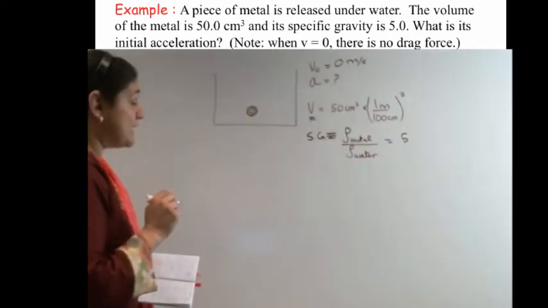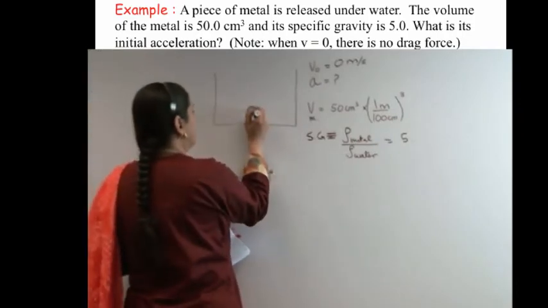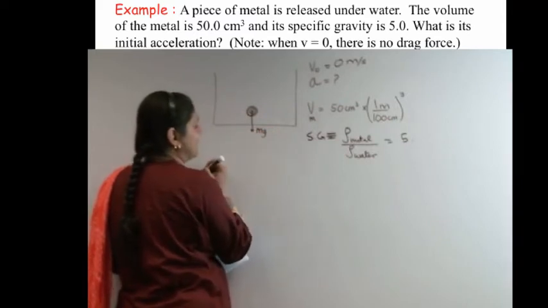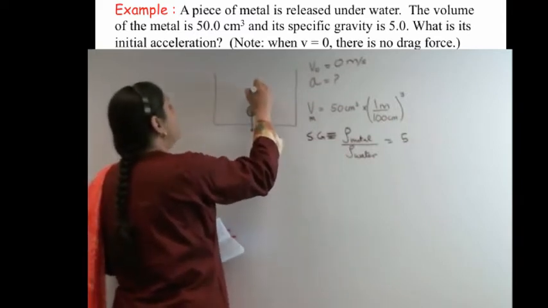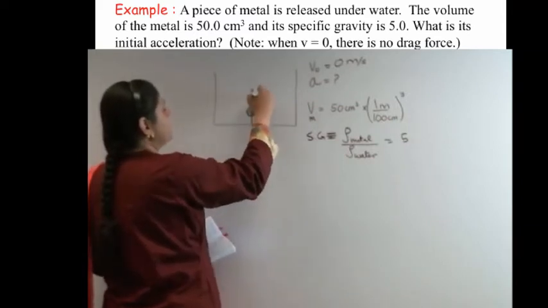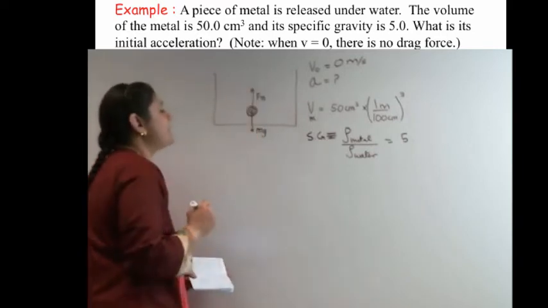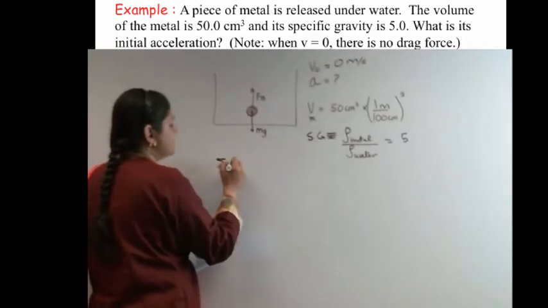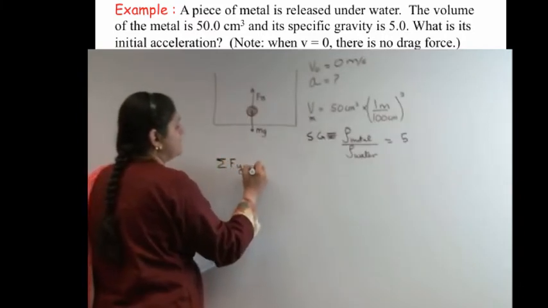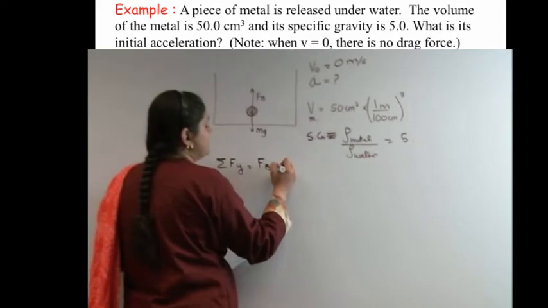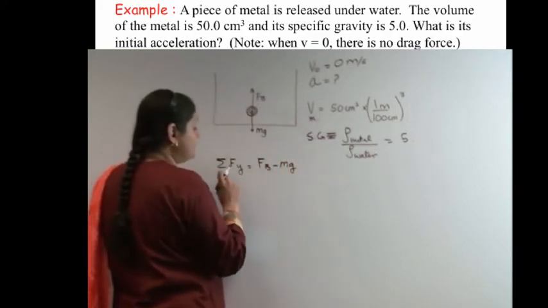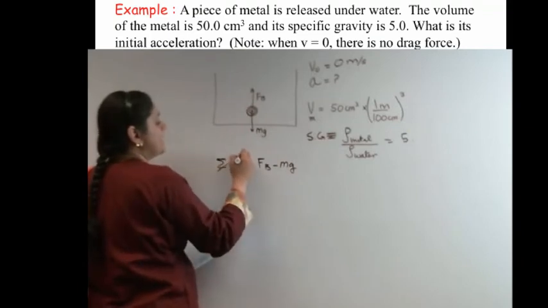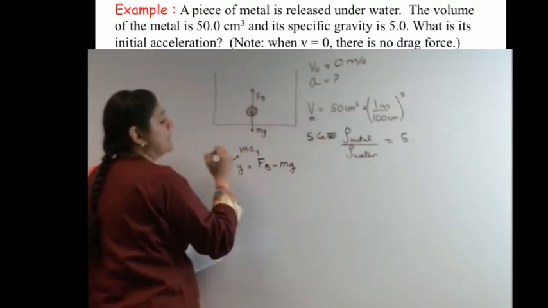And in order to do that, I'm going to find all the forces that are acting on this metal. Well, one is going to be the mg, which acts downward. And then there's going to be a buoyant force that's going to be propelling it upwards. So if I was to write the force equations, sigma Fy will be equal to Fb minus mg. Now in this case, since the motion is going to be upwards, it will be may.